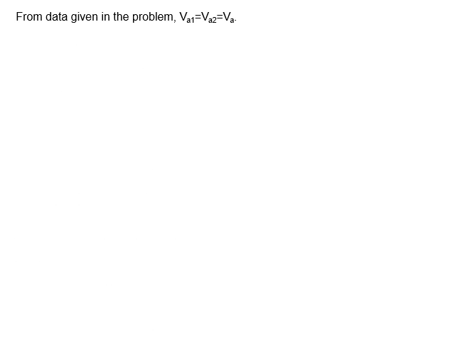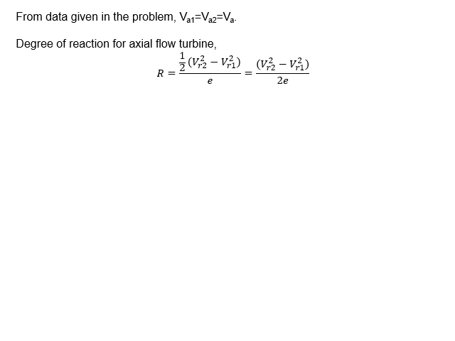So from the data in the problem, V_A1 equals V_A2, that equals V_A, because the flow velocity is constant from the inlet to the exit. The degree of reaction for an axial flow turbine is given by the ratio of static head to total head.